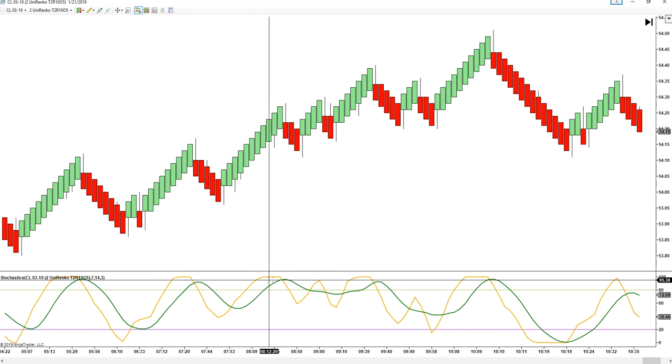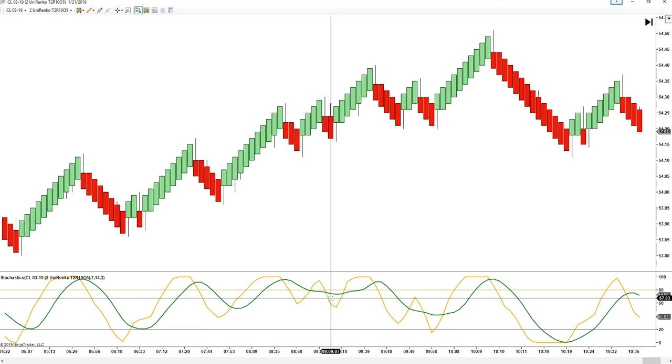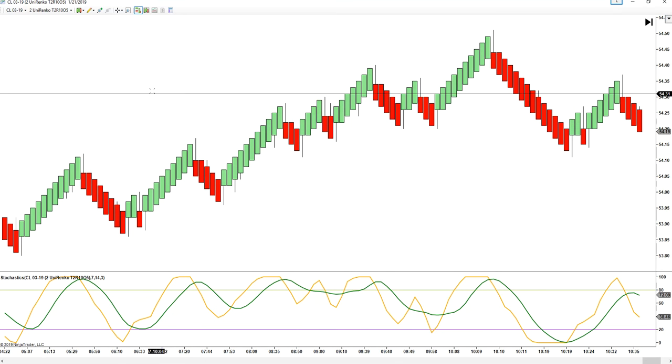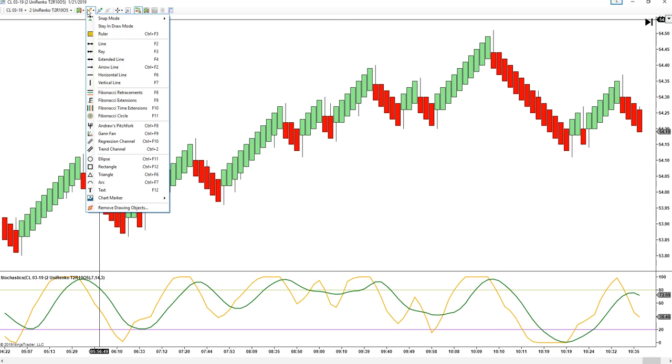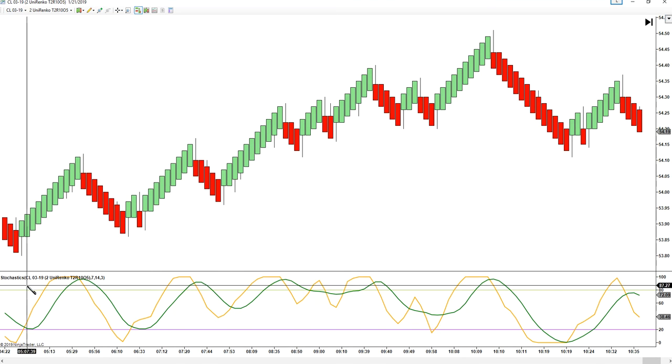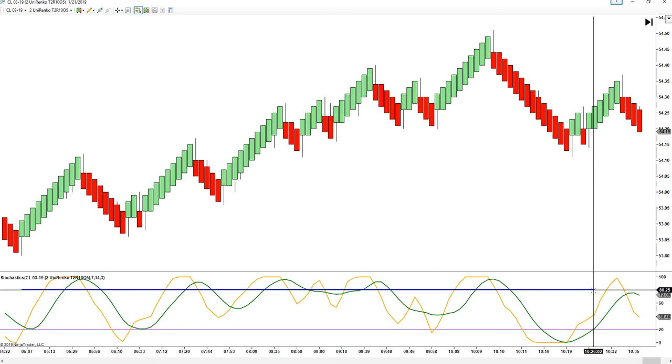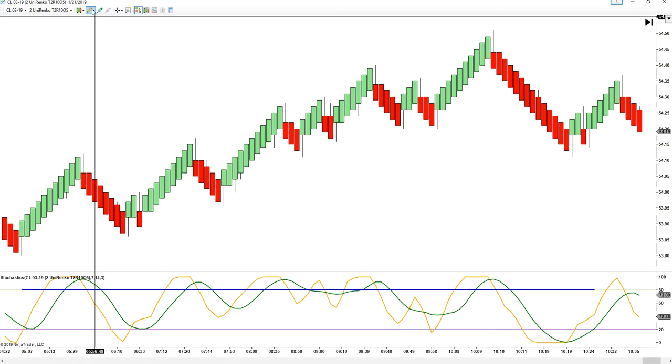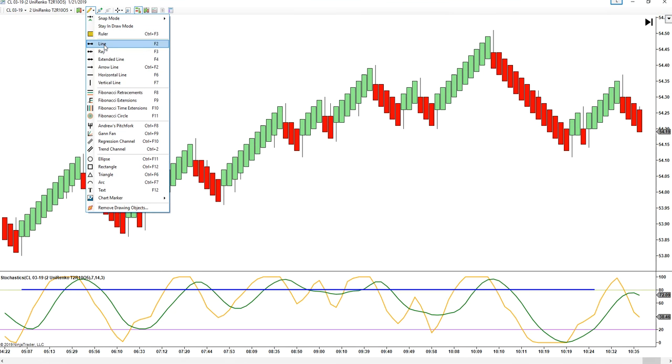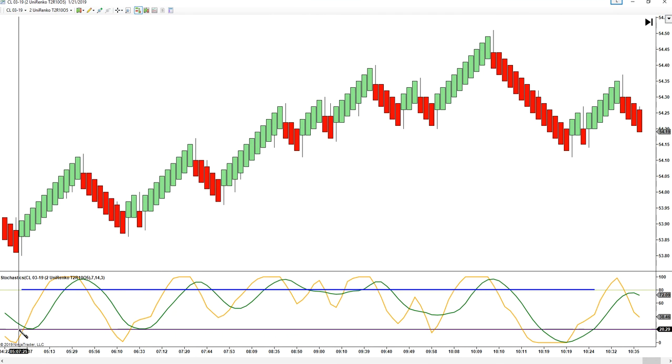And this is the key line. This is just plain stochastic. Now, the way you use stochastic is like this. This is the 80 line, and this is the 20 line.